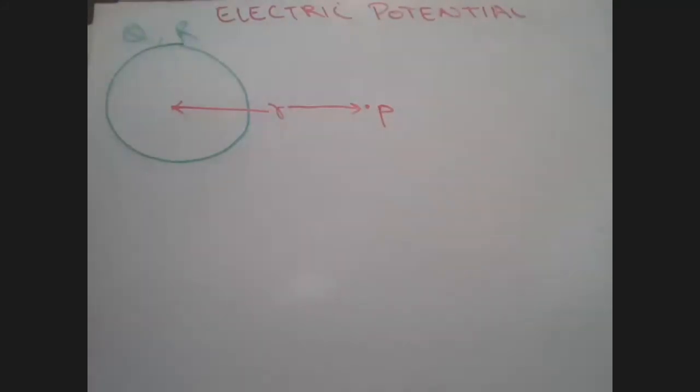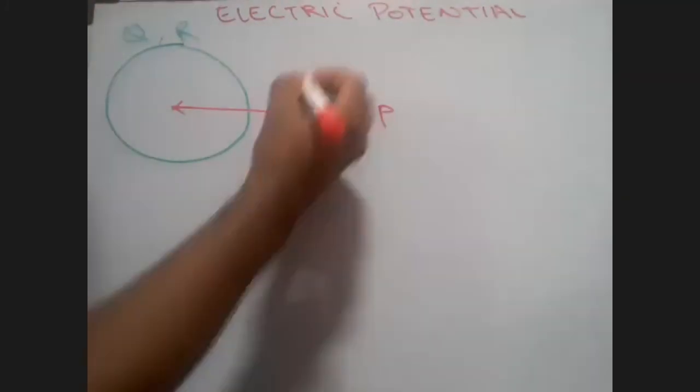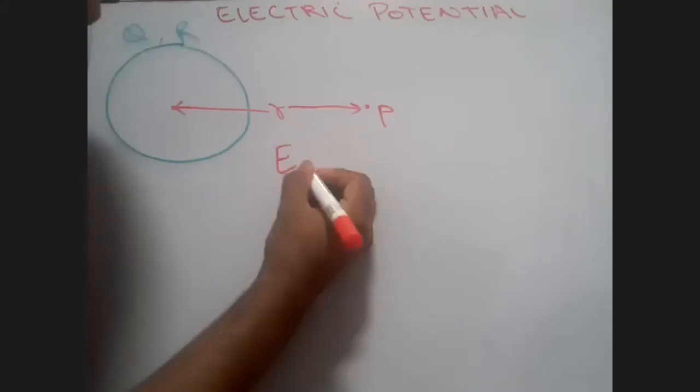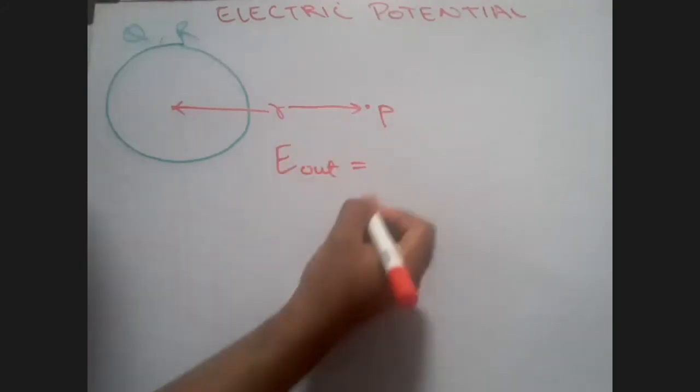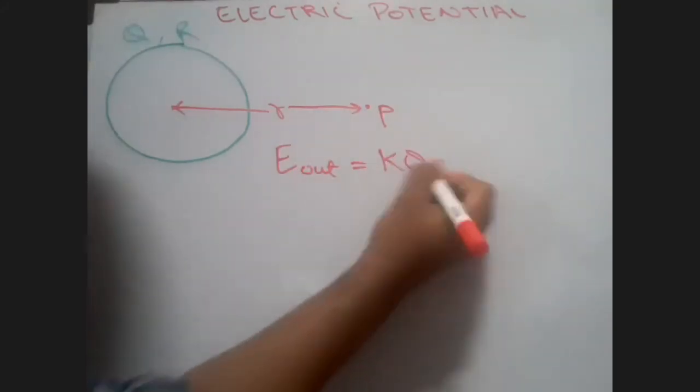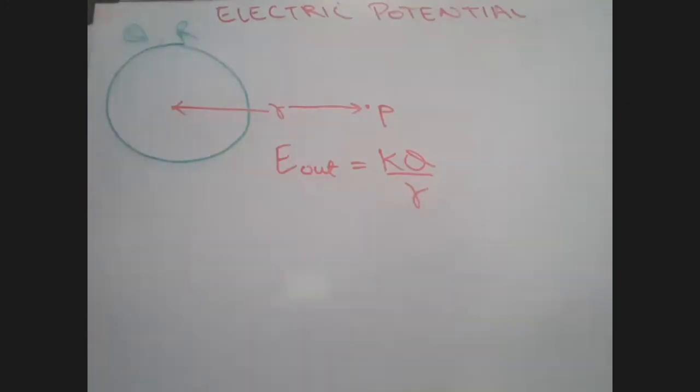You remember we did Gauss law. What we found out, electric field at a point outside the solid sphere to be KQ by R square. You remember?